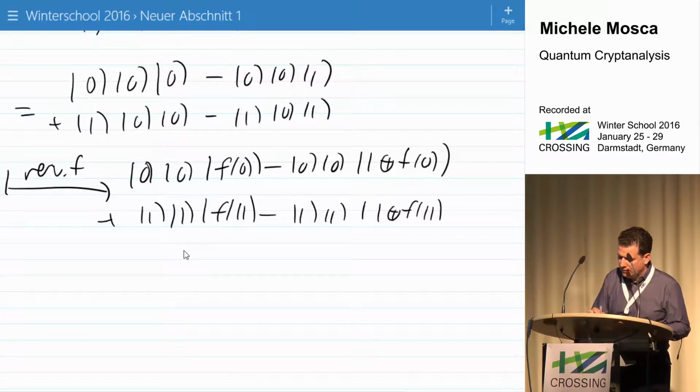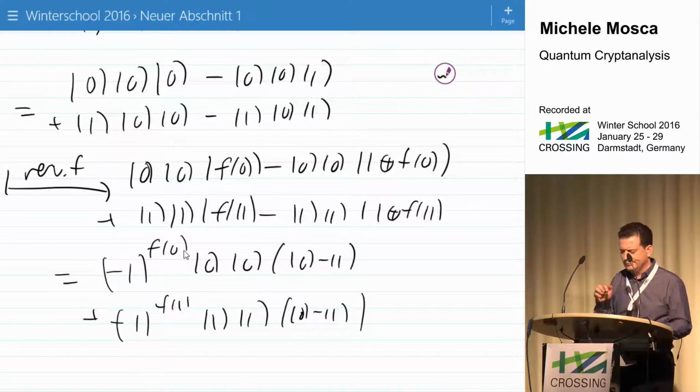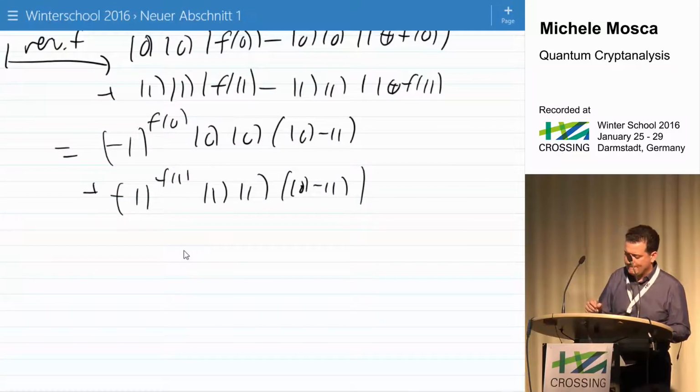So you get 0 minus 1 to the f at 0, 0, 0, minus 1, plus minus 1 to the f at 1, 1, 1, 0, minus 1. So far it looks okay. So maybe it works out fine, but wait a minute.